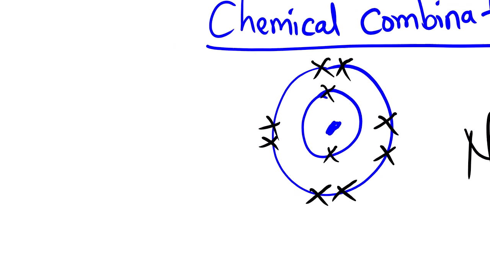So in the process, let's say this hydrogen is just neutral, but when it acquires an electron here, in order to reach the duplet, that is double the number of electrons in that innermost shell, then you have 2.